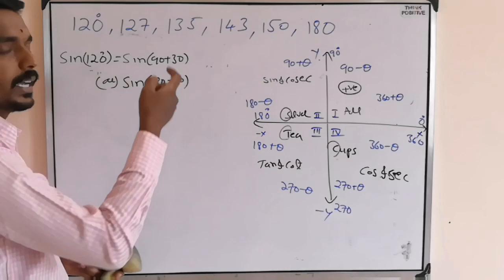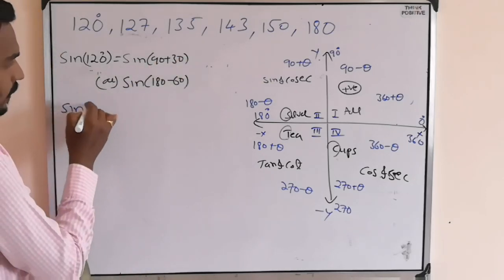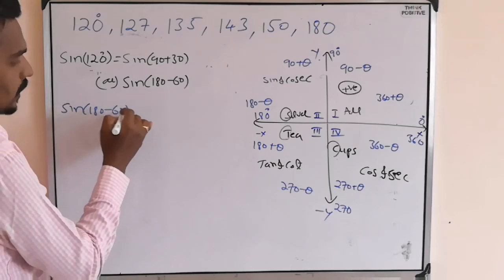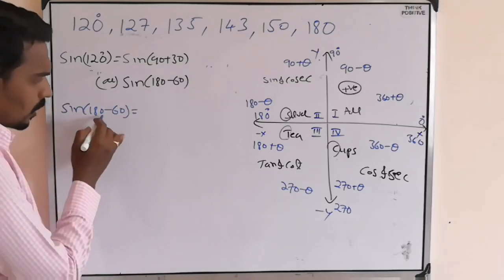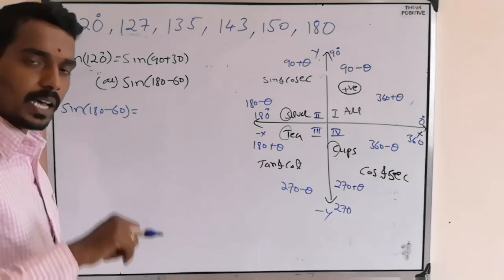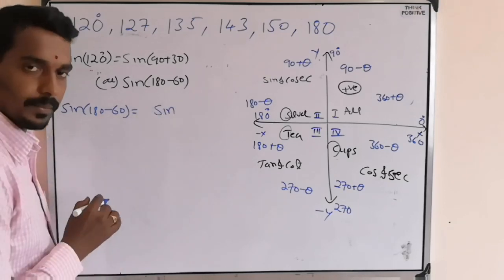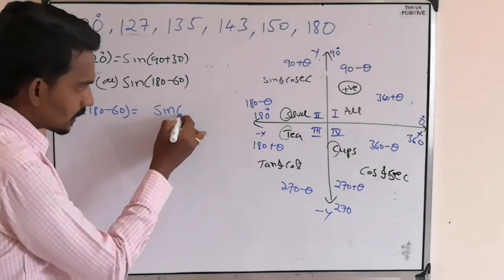Or else, suppose you have written 180 minus 60, not 90 plus 30. Then sine 180 minus 60 equals what? When 180 plus or minus comes, function remains same, sine only, and in place of theta, 60.